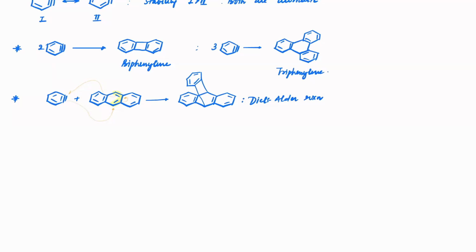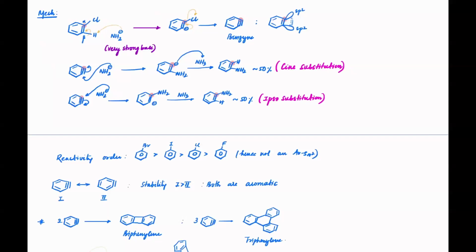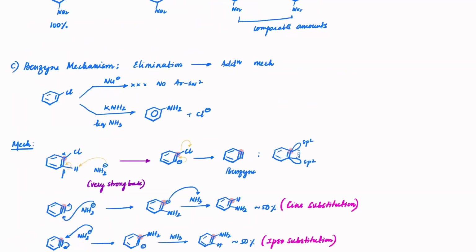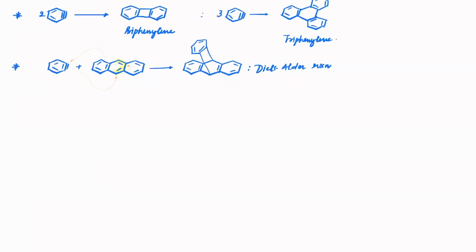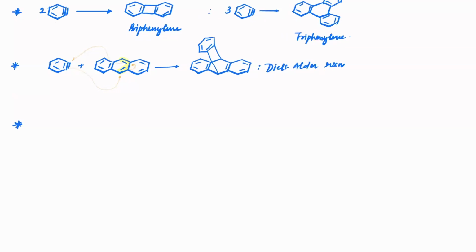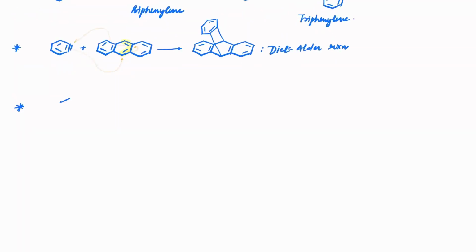Right, this is the benzyne mechanism. So, just to show some examples, in case we see such strong bases, this is how the reactions will take place. Check it out.